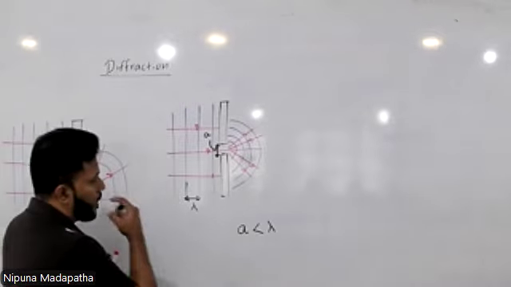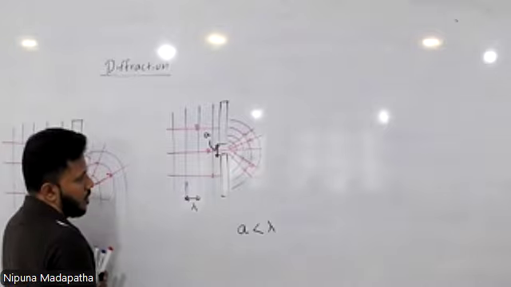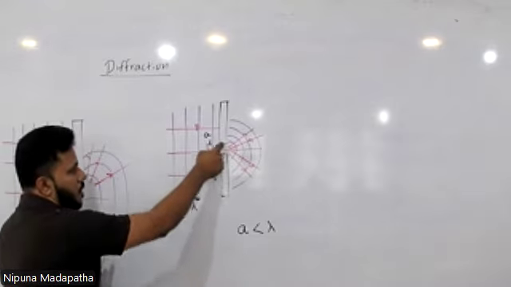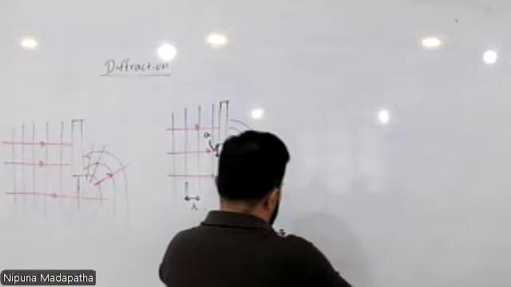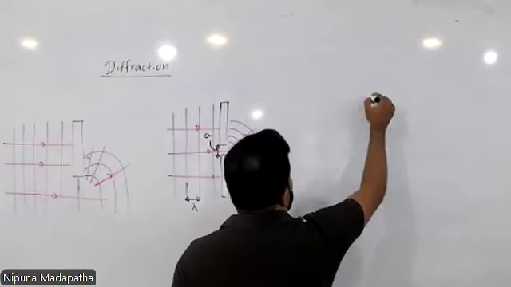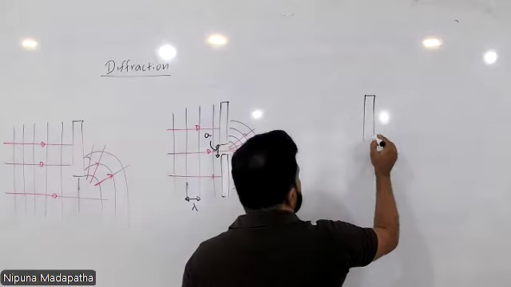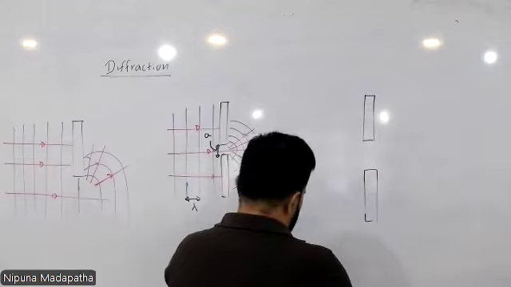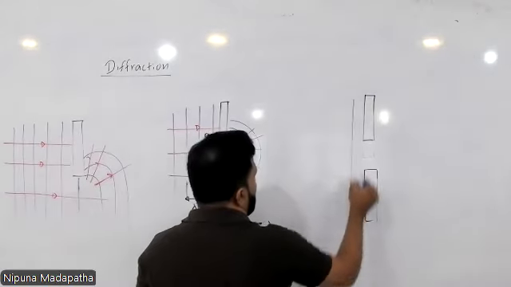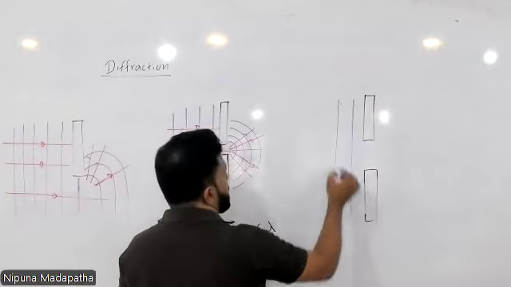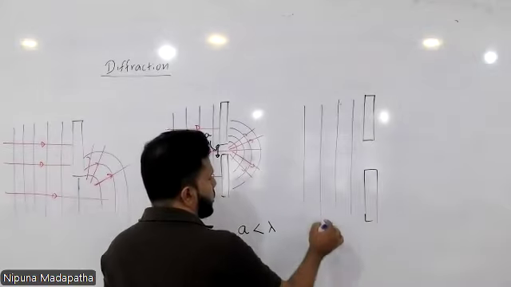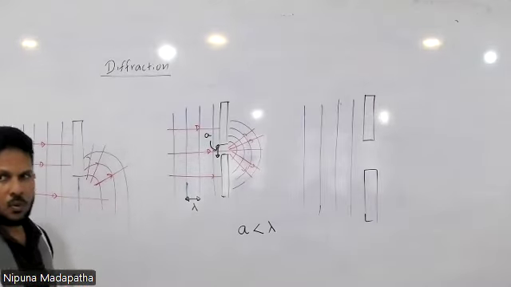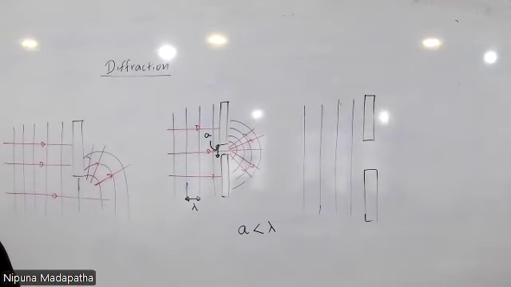So we can demonstrate that. Suppose now we are widening this gap between the two plates like this, keeping the wavelength the same. We are widening the gap. So what will happen to diffraction?